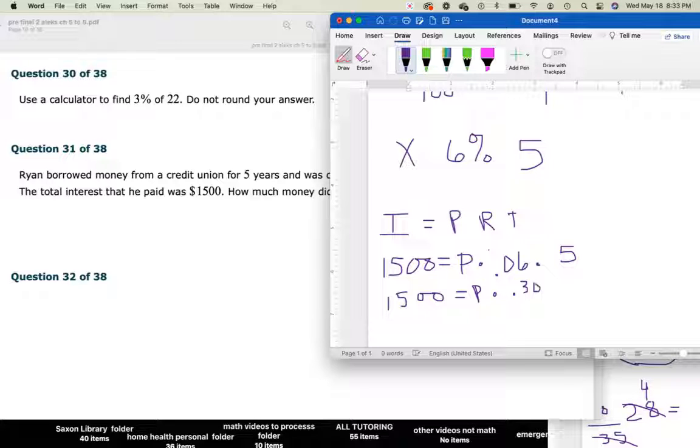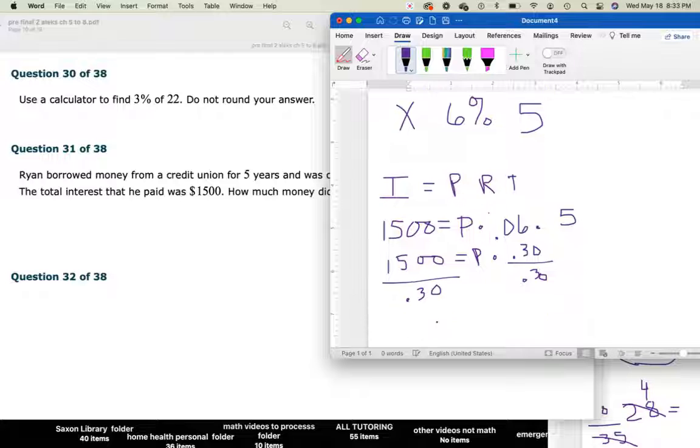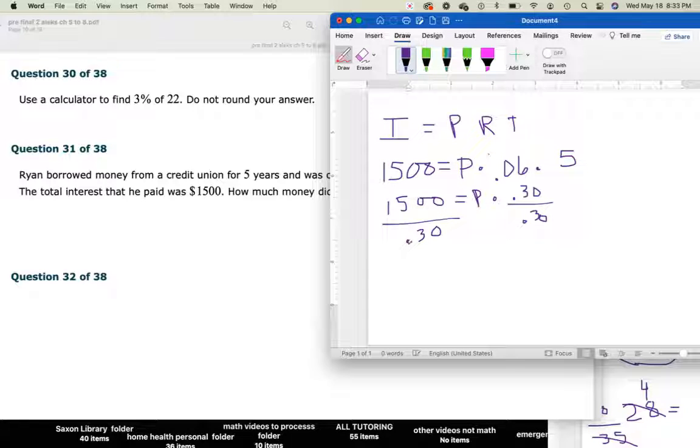Okay, so I want to get the P by itself. So I'm going to divide this side by 0.30. And I'm going to divide this side by 0.30. Okay, so now I'm going to move this over 2 decimal places, 1, 2, and tack on 2 zeros over here.